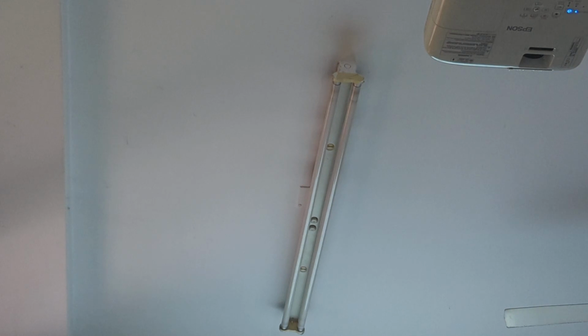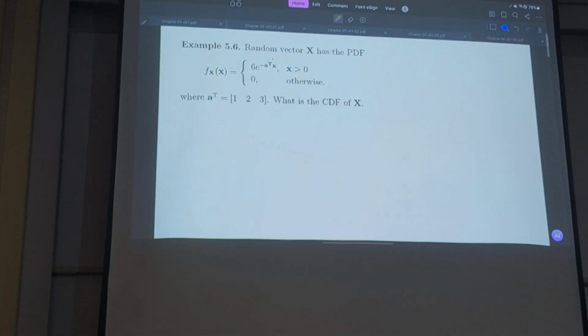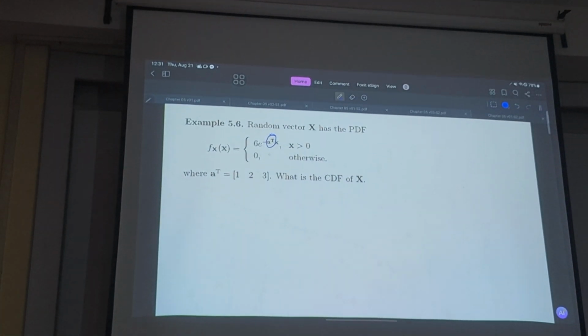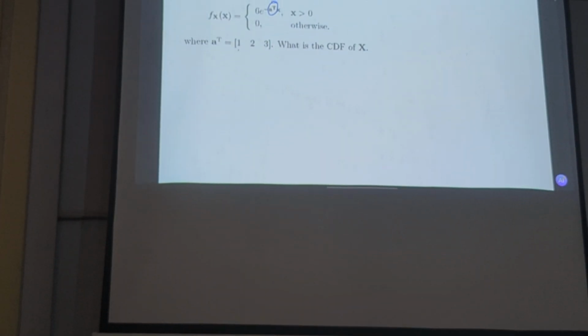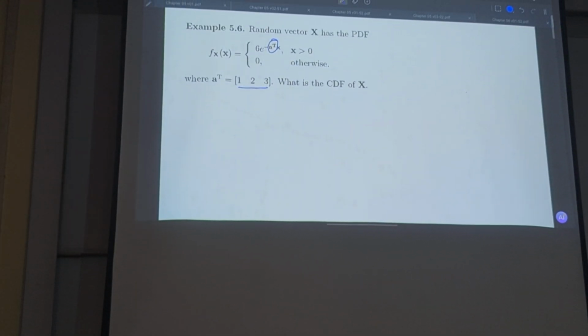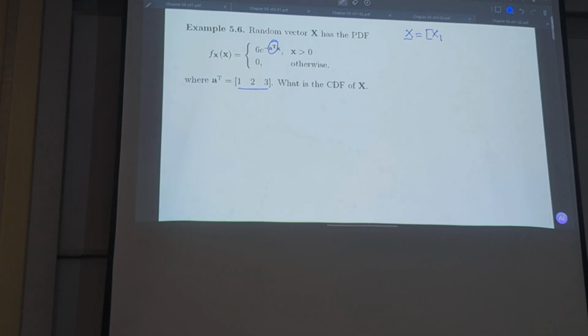So how many component random variables are there? How many? N equal to what? Since the vector A is defined, right? Then X is also three-dimensional, right?